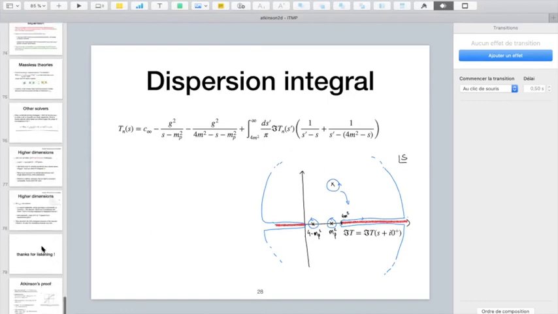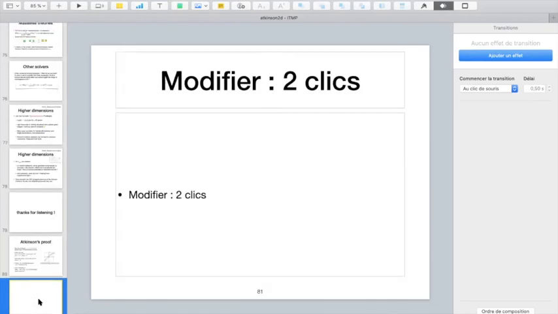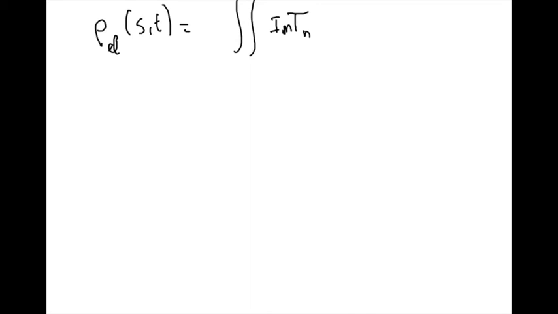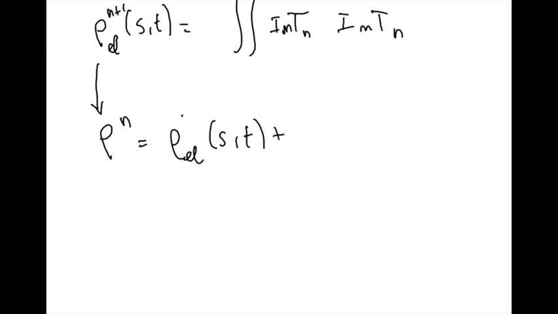No, it's not built in here. So in higher dimensions, you compute the double disc, rho of ST. You get that by a double integral of the single disc, let me call that Im T_n. At step n+1, you build rho_n as rho_L^{st} plus rho_L^{ts} plus your function V, that's explicitly crossing symmetric.